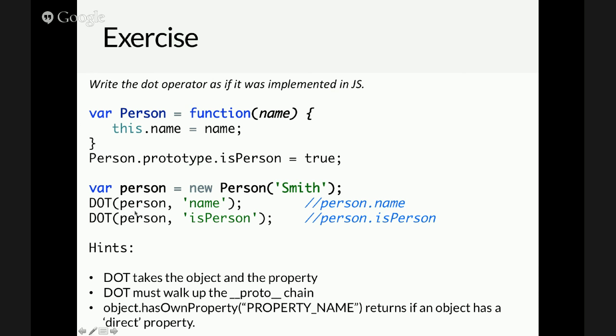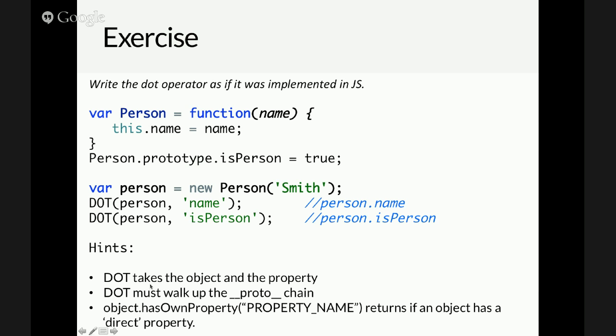It will not only find properties directly on the person object, it will walk up the person's __proto__ chain to find properties there as well.